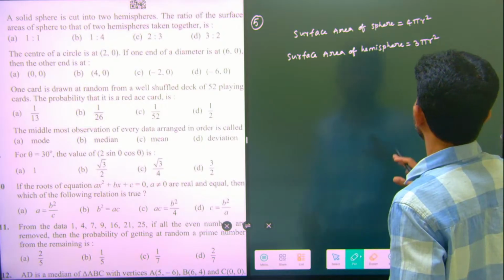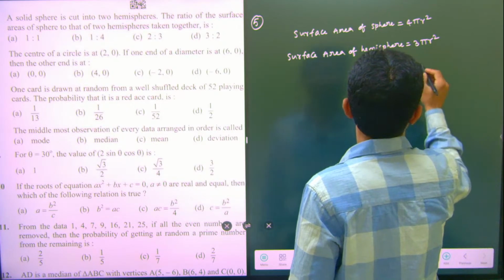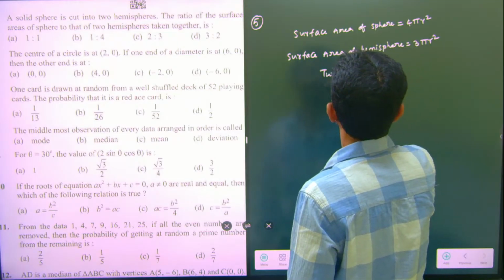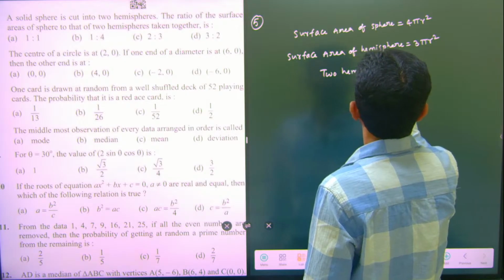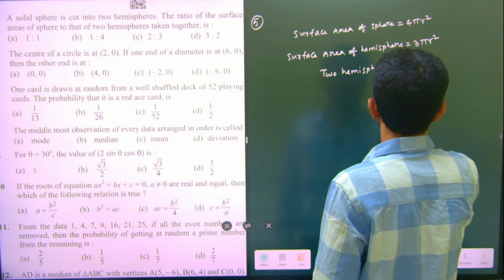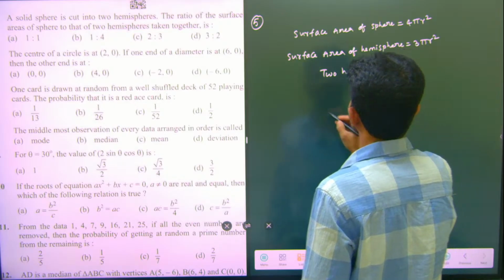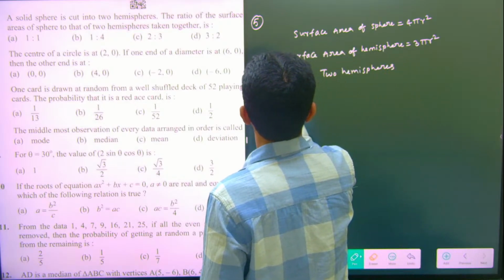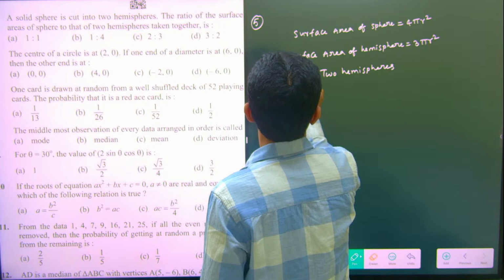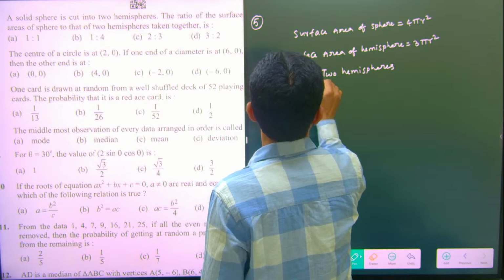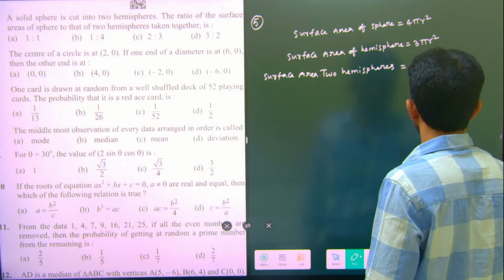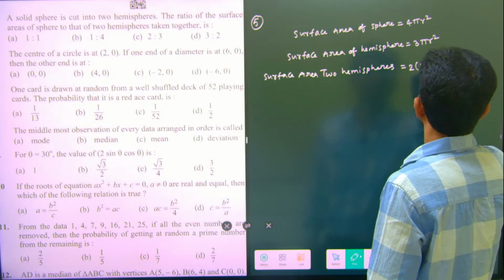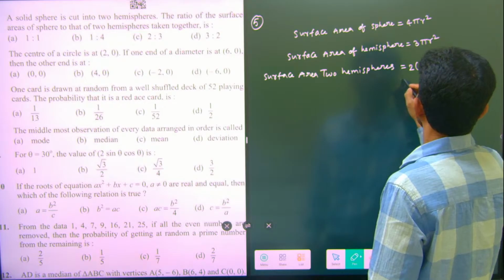But now these two hemispheres together, when you take two hemispheres, one hemisphere is 3 pi r square. Surface area of two hemispheres is 2 into 3 pi r square, that is 6 pi r square.